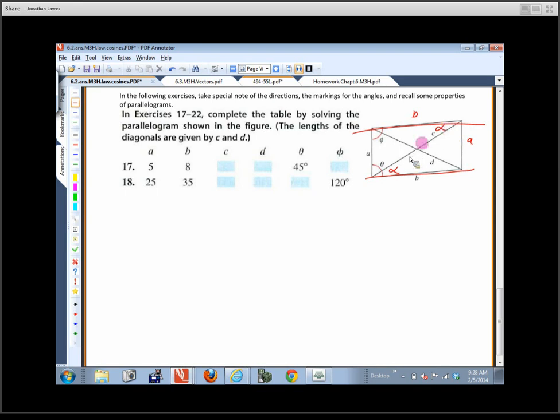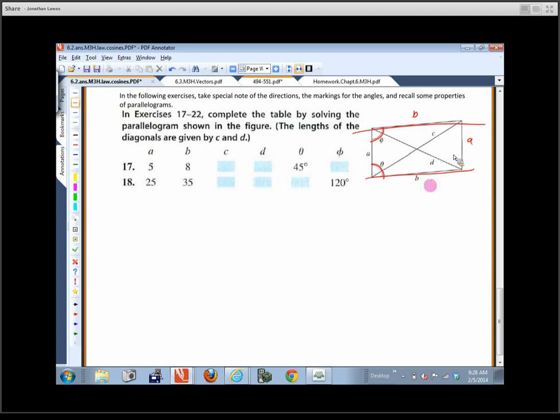Alternate interior angles are equal. And can you tell me anything about these two angles right here? These are called consecutive angles in a parallelogram. Consecutive angles are not the same. They add up to 180, okay?